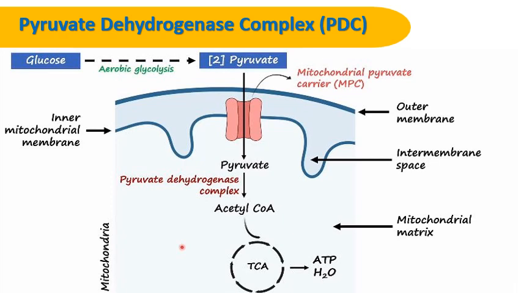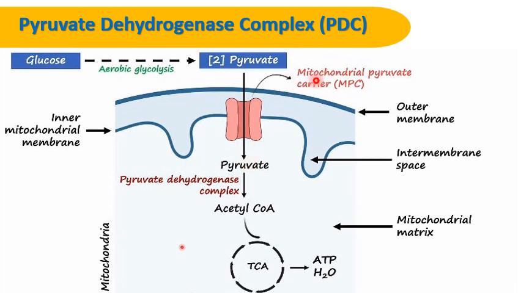But pyruvate is converted to acetyl-CoA, which enters into the TCA cycle, in the mitochondrial matrix. So, the pyruvate that you see in the cytosol must be transported from the cytosol into the mitochondrial matrix. And for it to do that, it must pass through the outer and the inner mitochondrial membrane.